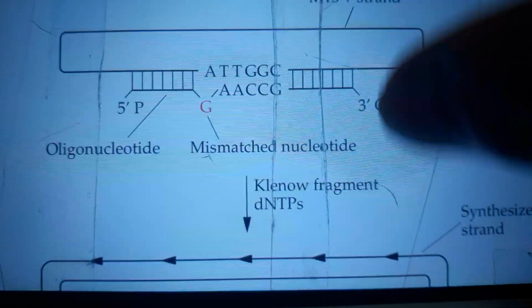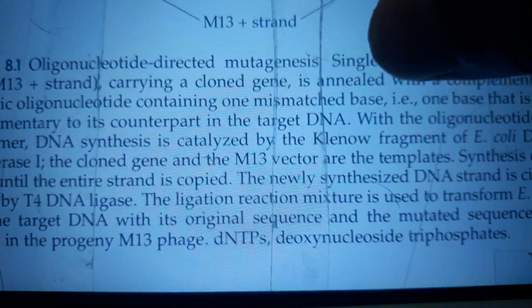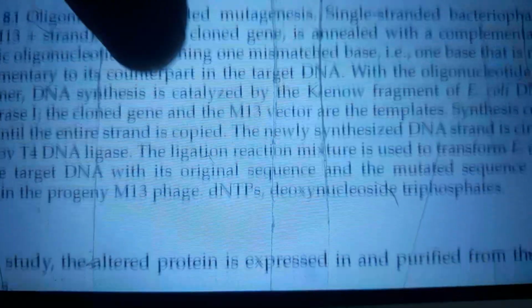This is a diagram which represents oligonucleotide-directed mutagenesis. Single-stranded bacteriophage M13 plus strand carrying a cloned gene is annealed with a complementary synthetic oligonucleotide containing one mismatched base, that is, one base that is not complementary to its counterpart in the target DNA, with the oligonucleotide as the primer.